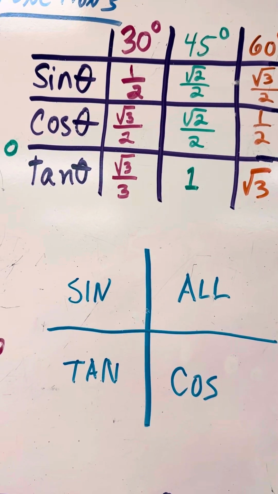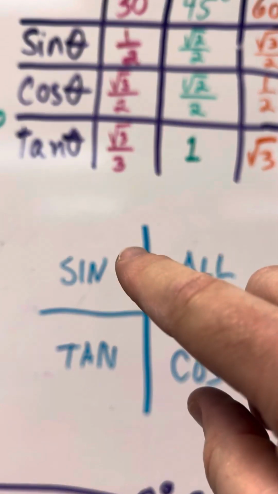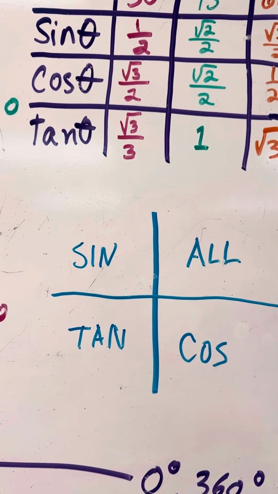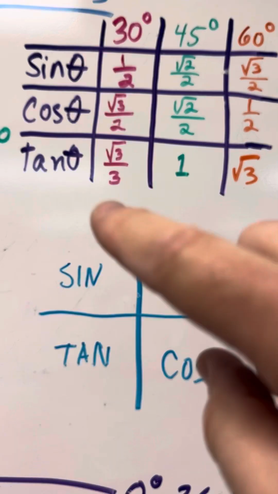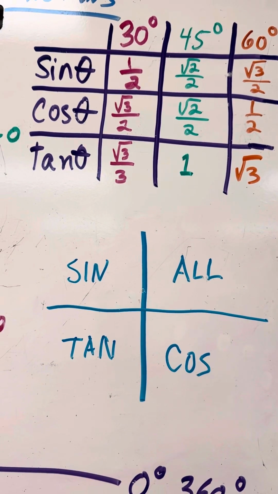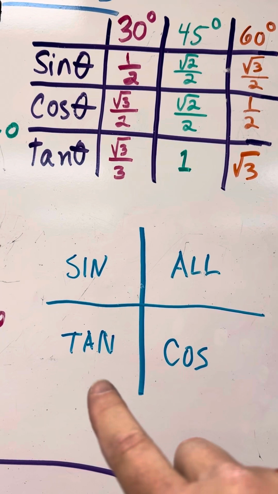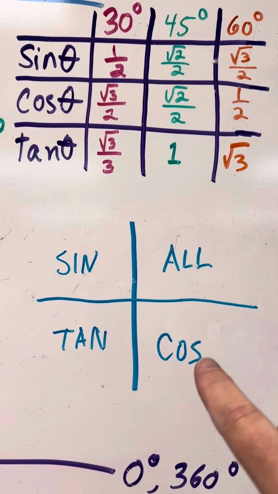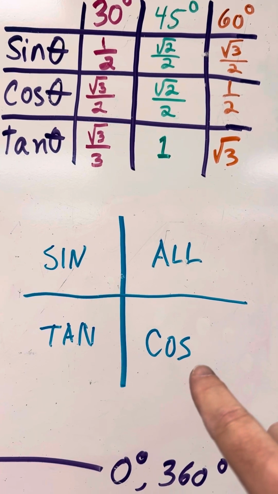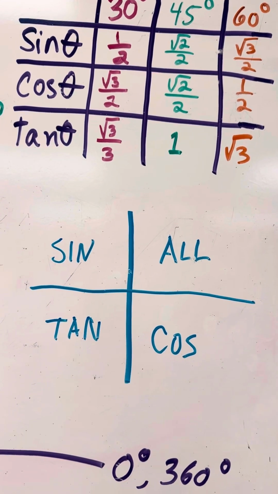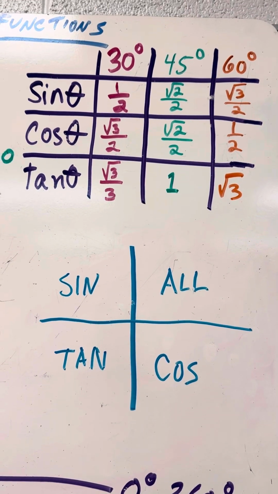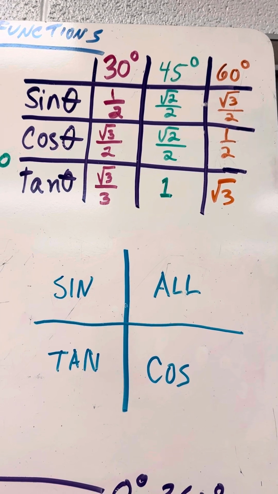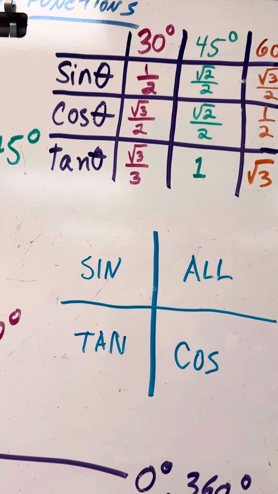Sine is positive in the second quadrant. If sine is positive in the second quadrant, by the way, this is saying that cosine and tan are negative. Tan is positive here, meaning sine and cosine are negative here. Cosine is positive here, meaning sine and tan are negative here. Okay? So you need these two charts to do this assignment.